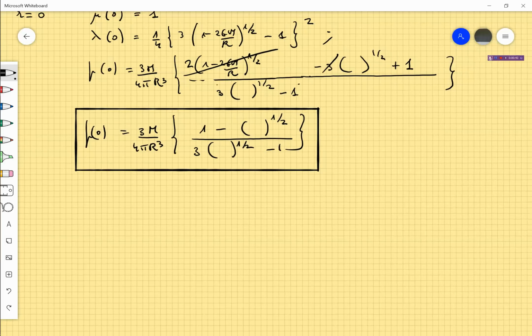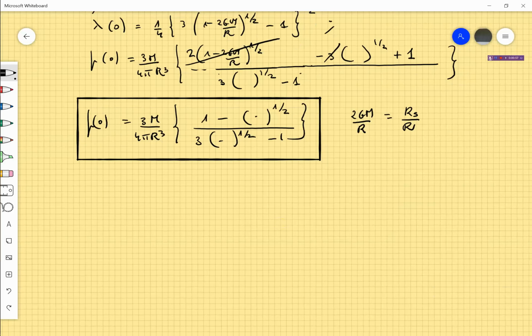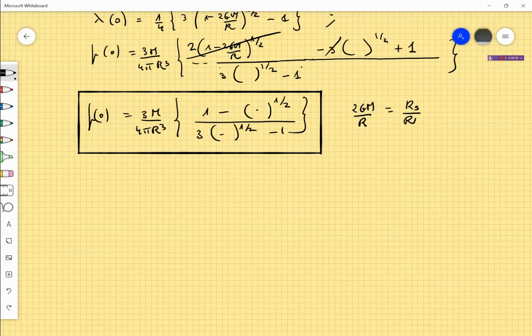And as you see, the thing that you always find here is the quotient 2GM divided by r. It is here and here in this parenthesis, which is the Schwarzschild radius divided by the radius of the star. Okay, we can also make this coefficient here a function of the radius if we multiply by the mass.